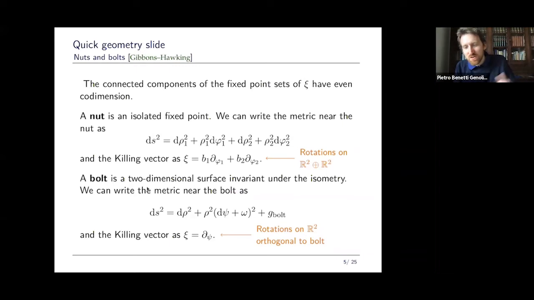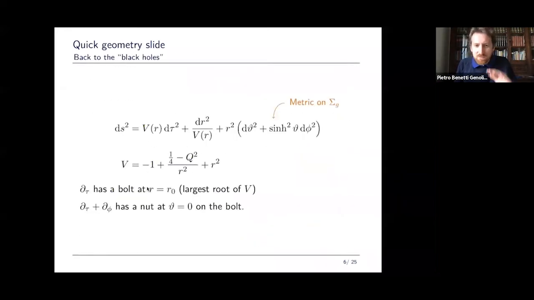It rotates the orthogonal R2 near the bolt, which is why it's this. Omega is just a generic form that appears in a fibration. Okay, so these are the 2 fixed point sets. Let me give you an example. Back to the black holes. As we said, ∂τ has a fixed point set that is identical to Σg.